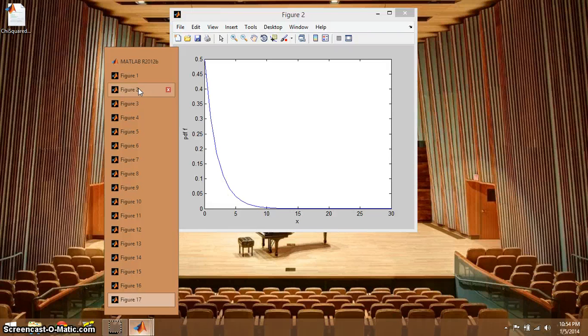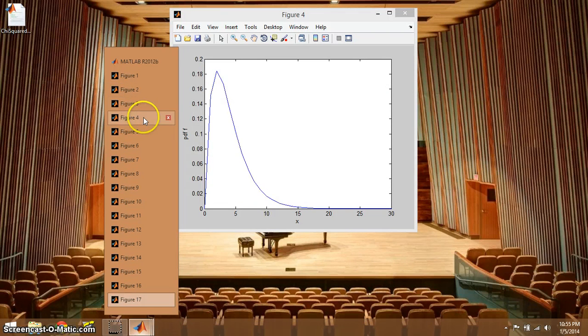It's at 0.5 right now for 2 degrees of freedom, and it's going to keep decreasing as the degrees of freedom increase, because the mode value, or the PDF value at the mode, decreases as the degrees of freedom increase. And the x-axis stays constant. I graphed it through x equals 30 for all of these graphs.